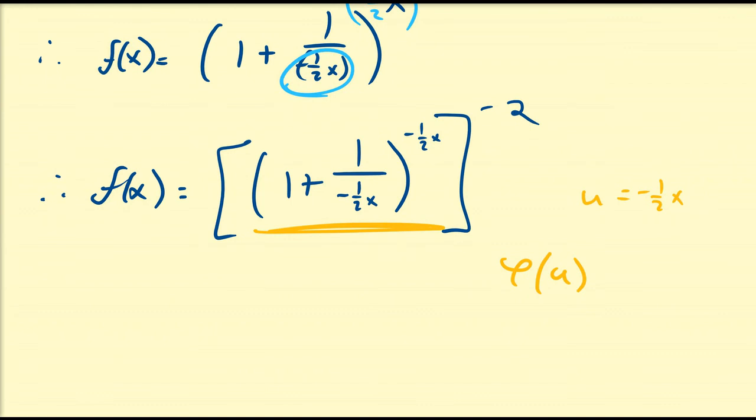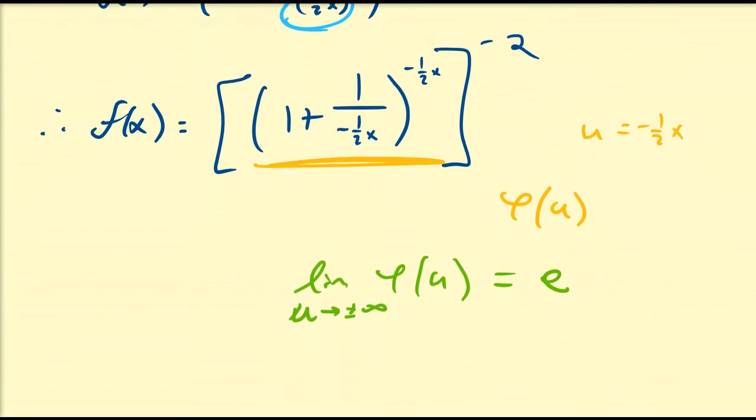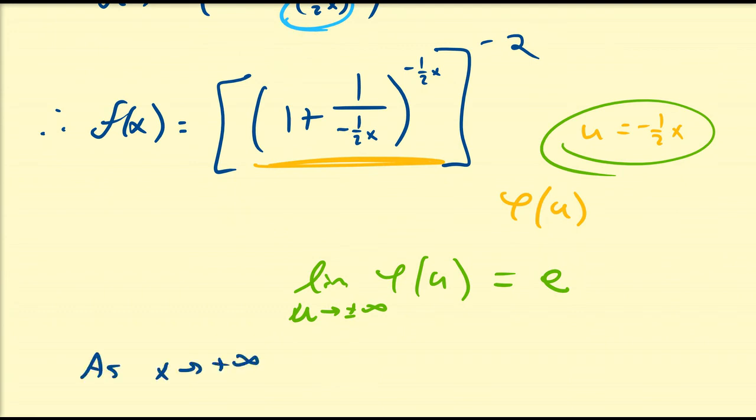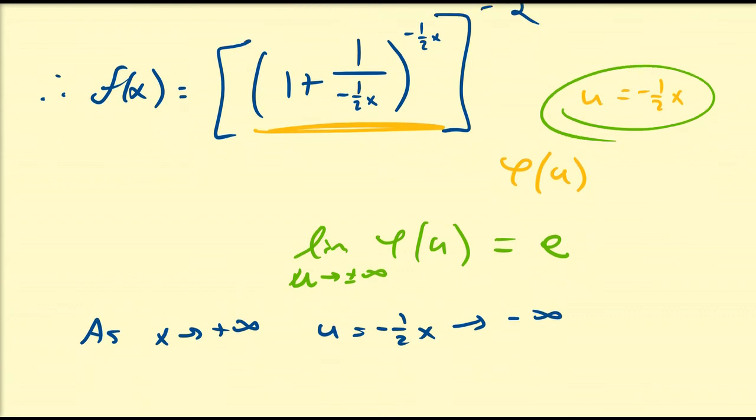So remember, one property of phi is that as u goes to plus or minus infinity, this function is going to get close to e. So what happens as u gets close to infinity with respect to x? Let's look at that in a little more detail. As x gets close to positive infinity, u, which is equal to negative 1/2 x, is going to get close to what? x is really, really large and positive, multiplied by a negative number, so that's going to get close to minus infinity.